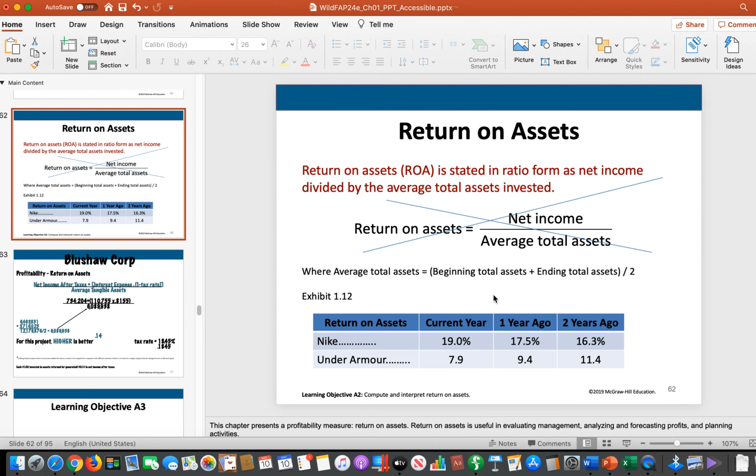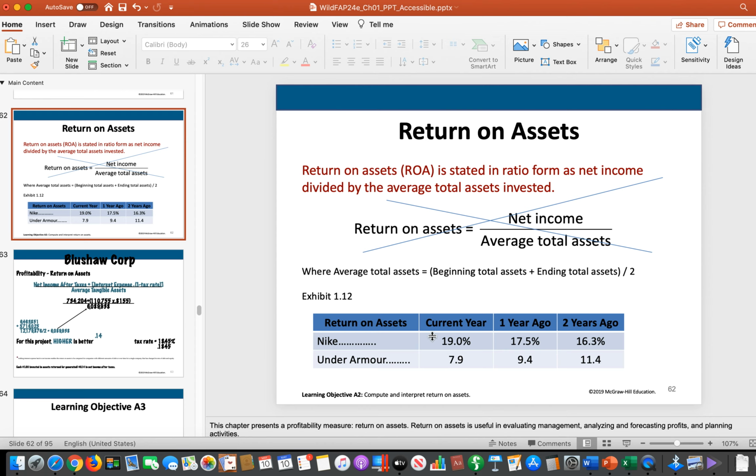Now, as you can see here, comparing Nike and Under Armour, notice the trend you see from 2 years ago, 1 year ago, what's happening with the return on assets for Under Armour. The higher the number, the better, for the most part.